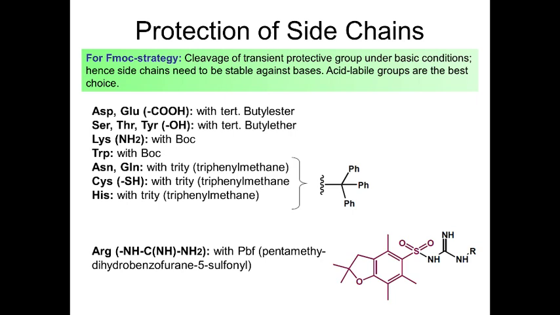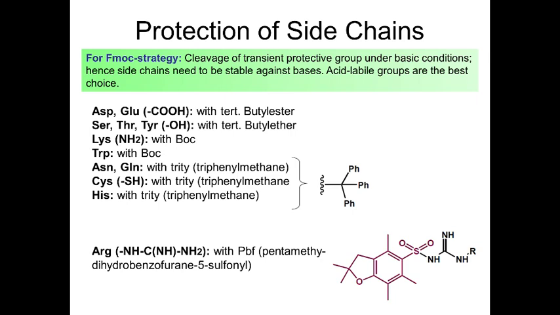So now let's go away from the transient protection groups and discuss the persistent protection groups, or the protection of the side chains. Again, there are multiple protection schemes depending on the synthesis strategy chosen for the polypeptides.